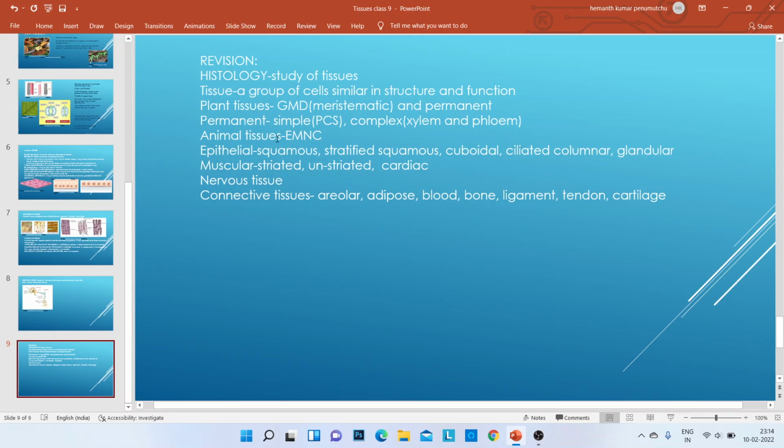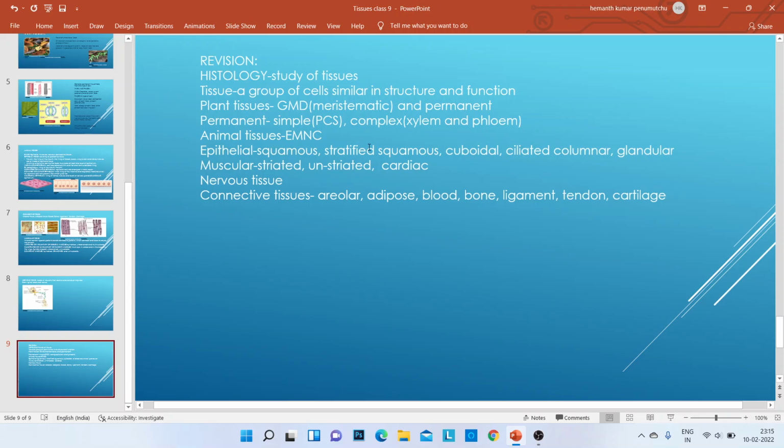And animal tissues: EMNC. Just remember EMNC, like a multinational company. E for epithelial, M for muscular, N for nervous tissue, and C for connective tissue. Types of epithelial tissue are squamous, stratified squamous, cuboidal, ciliated columnar, and glandular. Squamous is flat shaped epithelial tissue.